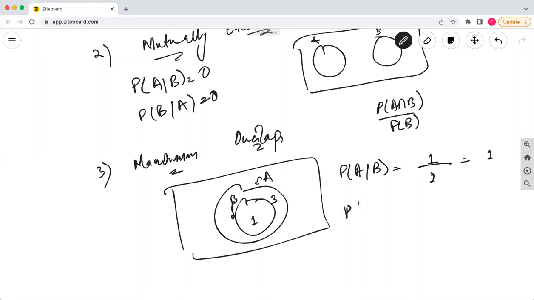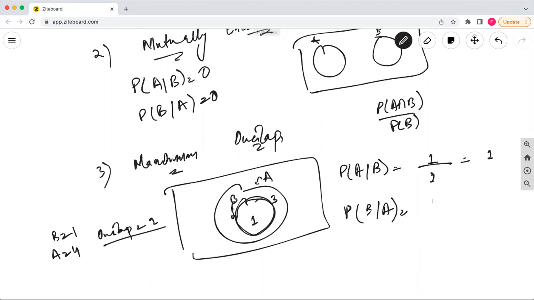But if I say the probability of B given A, because this is B, in this situation I choose B as 1 and A as 4, with the overlap of 1. Okay, so B is the inner circle. Sorry, I thought it was the outer circle. A is outside.